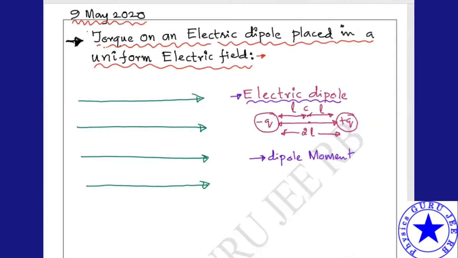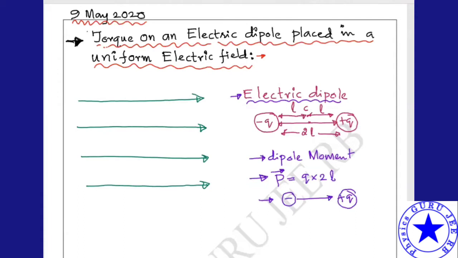Right. The dipole moment is represented by P, which is equal to Q, the product of charge and the distance between the two charges, Q into 2L. The direction of the dipole moment is from the negative charge towards the positive charge.